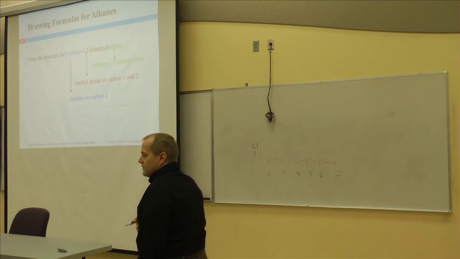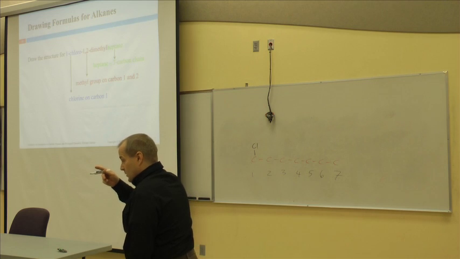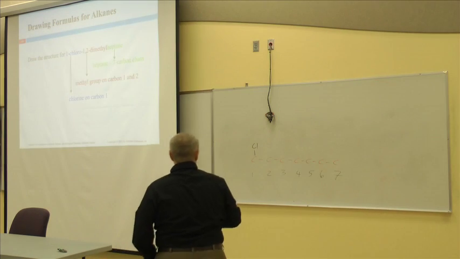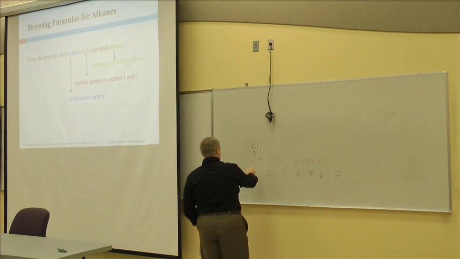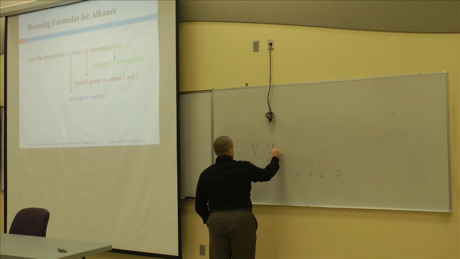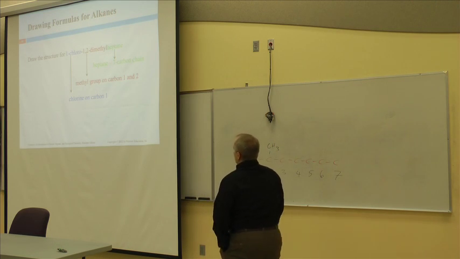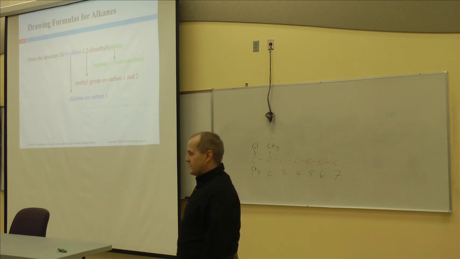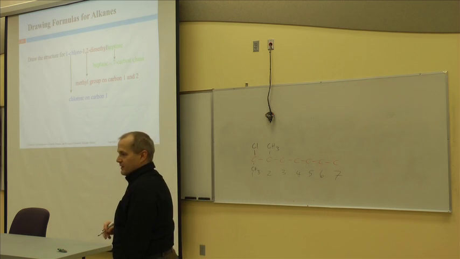So what's that mean? There's 2 methyls, and they're on carbon 1, carbon 2. There you go. What else we got? That's it. The rest are hydrogens, exactly.